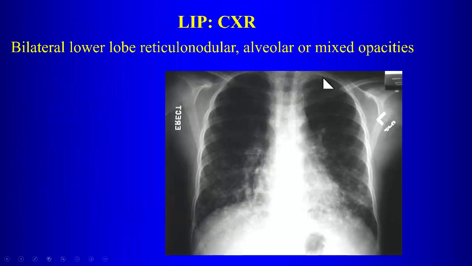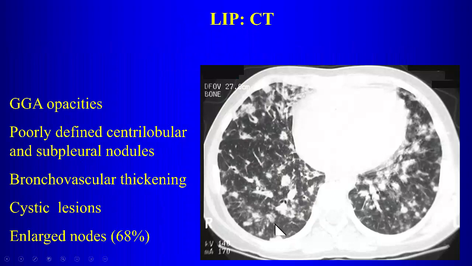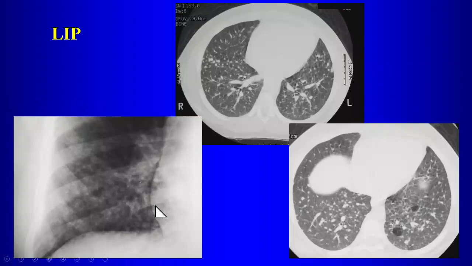There's a wide variety in terms of how this can manifest in imaging: reticular nodular opacities, mixed opacities, nodules, ground glass opacities. The cysts don't tend to be specific. So think about LIP if you see cystic lesions. So with LIP, nodules, cysts.